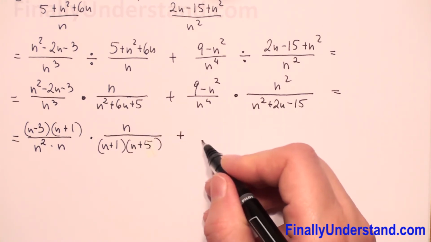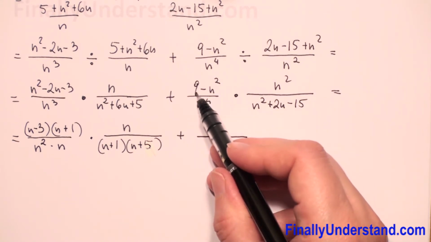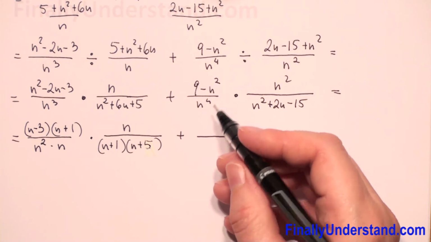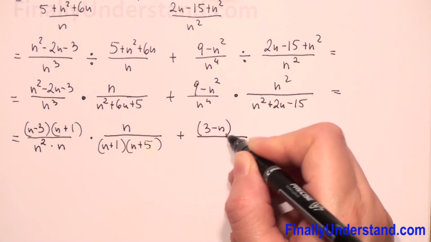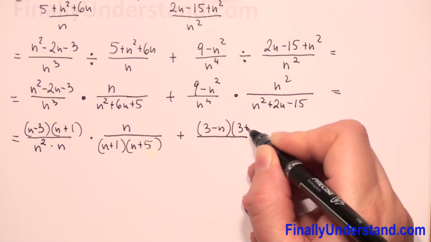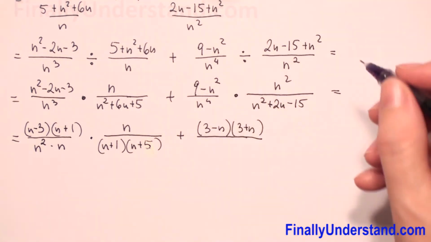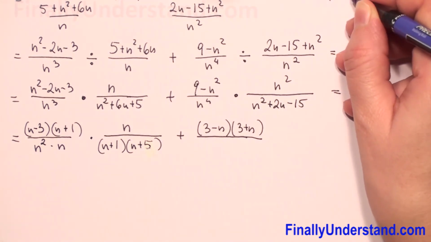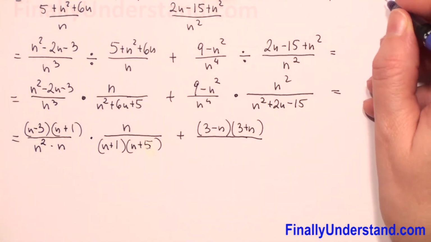And we have plus. What we can do here, we have 9 minus n squared, so 9, this is 3 to second power. So I can rewrite that this is 3 minus n times 3 plus n. I just use formula when we change 9 minus n squared, this is 3 to second power minus n to second power.